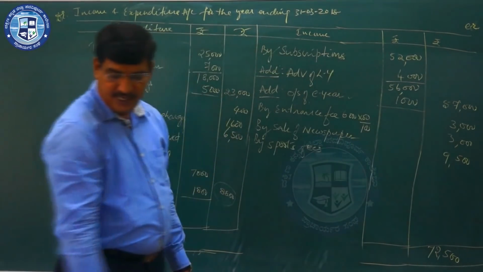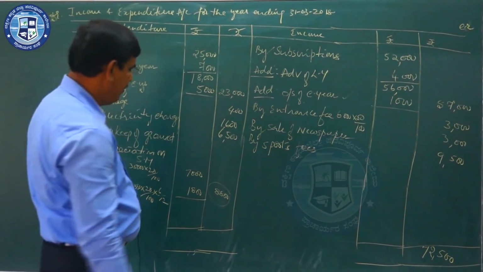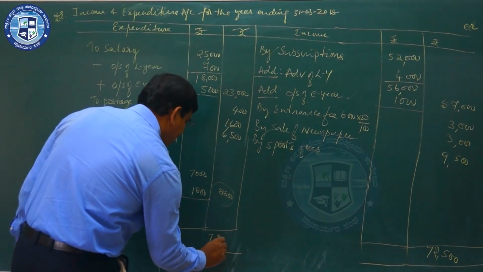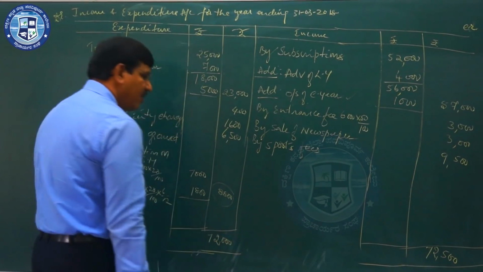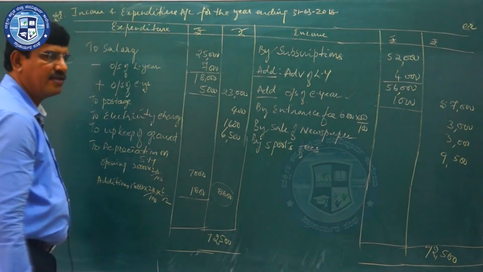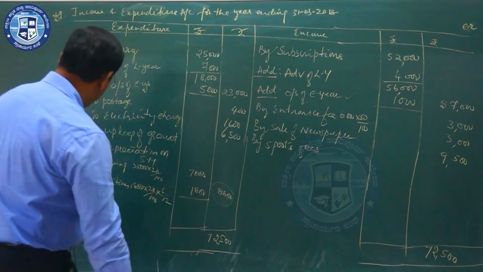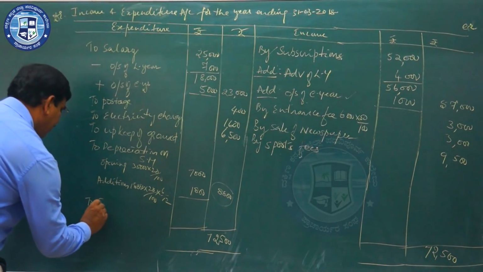And on the debit side, it is less. So write the total on both sides. Whatever the difference you are getting, write it as surplus or excess of income over expenditure. So here you will get surplus.